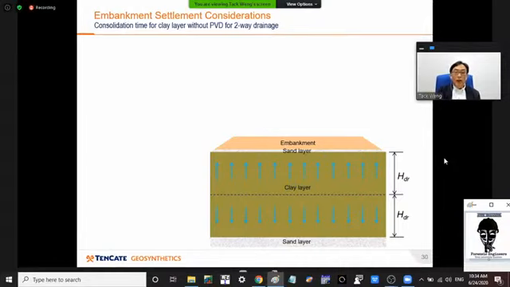When the embankment applies load onto the ground, the pore water initially supports that in the form of excess pore pressure, and they dissipate in this case in two opposite directions, vertically upwards and vertically downwards.